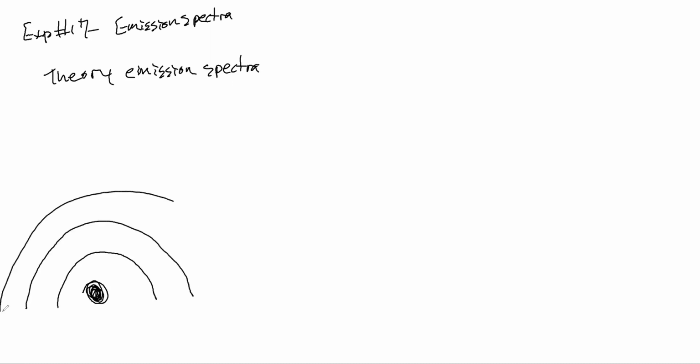All right? So the idea behind it is that when we are exciting an atom, let's say that this is our nucleus down here, and these are our different energy levels. Our first level is n equals 1. Our second one is n equals 2. The third one is n equals 3, and that continues on up. Now, when we excite an element, we're basically changing electrons.